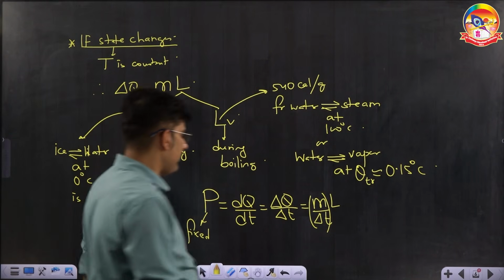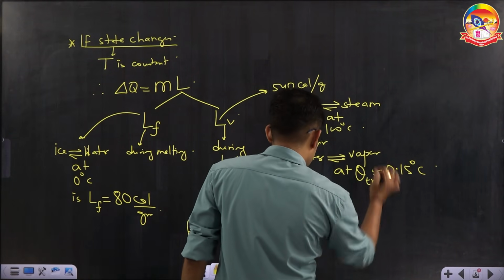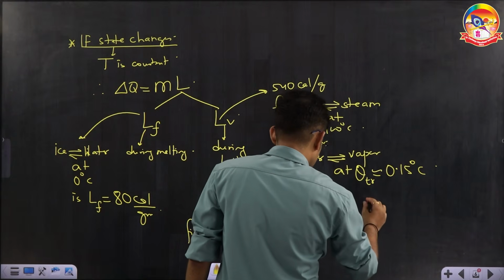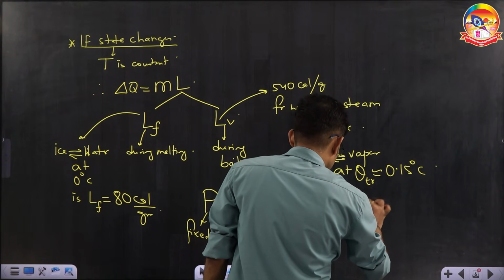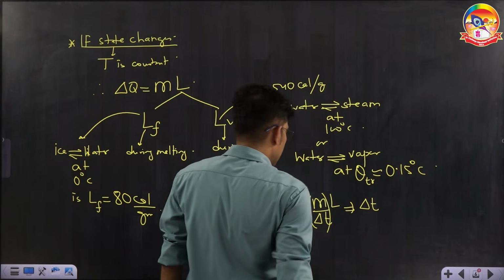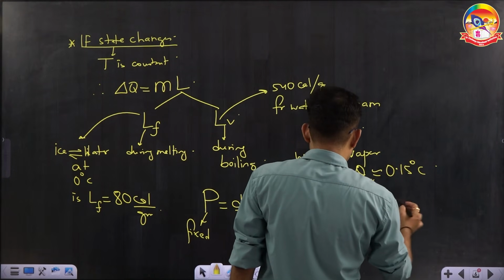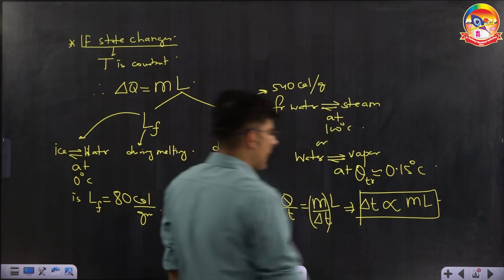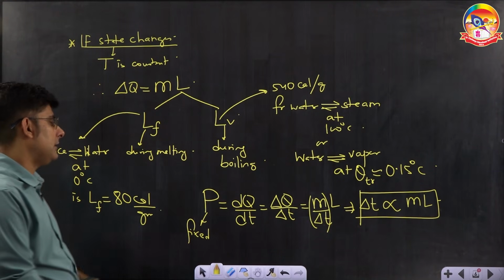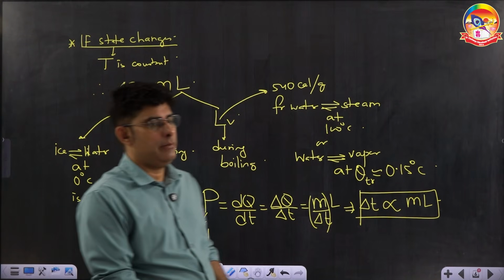So from here if P is fixed, you can see that delta T will be proportional to mL. Time taken to change the state will become proportional to mL.